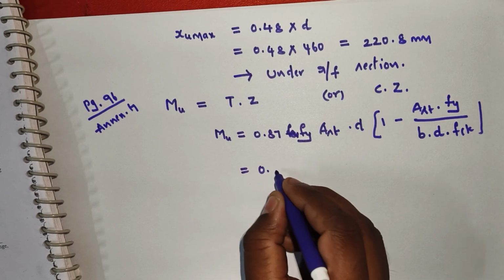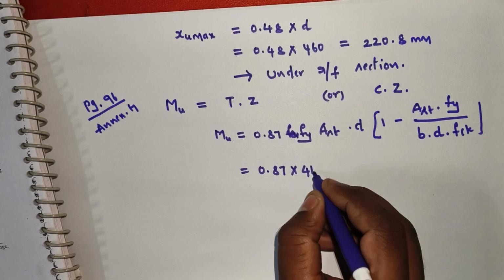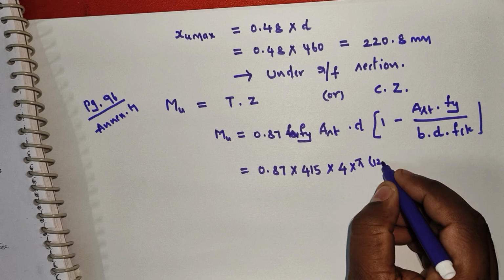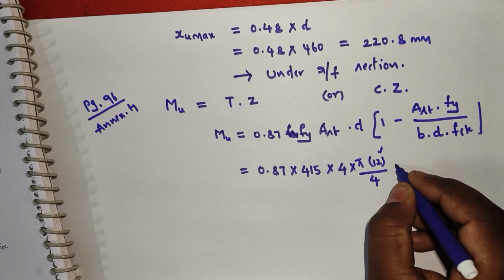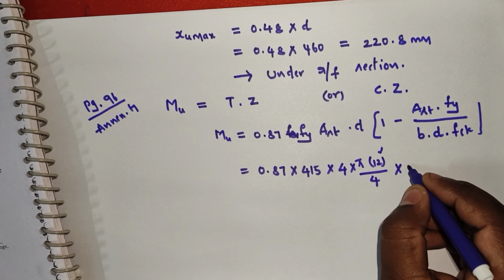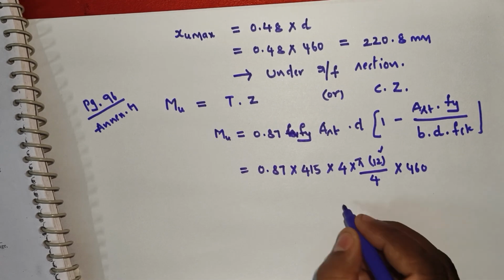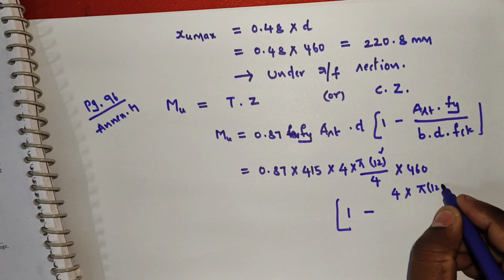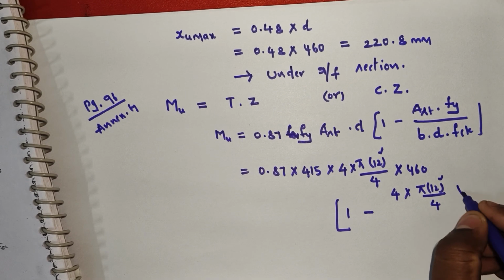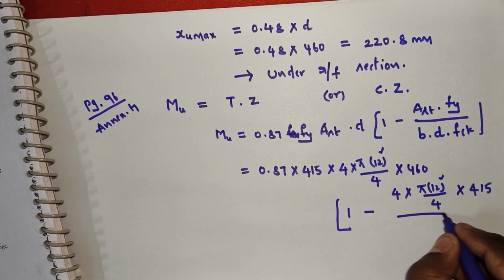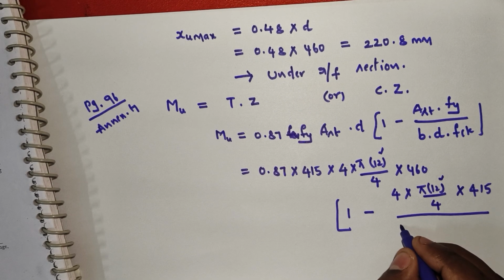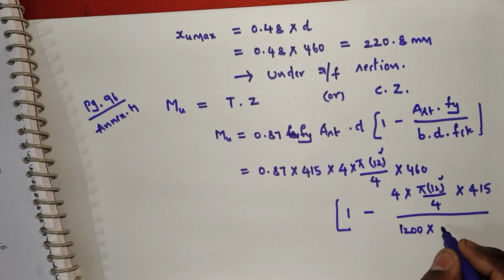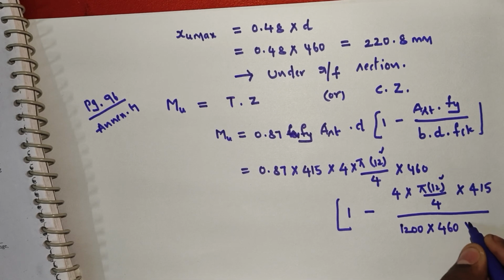That is equal to 0.87 into 415, we used 4 bars of 12 mm dia, into effective depth 460 into 1 minus 4 multiplied by pi 12 square by 4 into 415 by b, the b value is 1200, multiplied by d, d is 460, into fck 20.